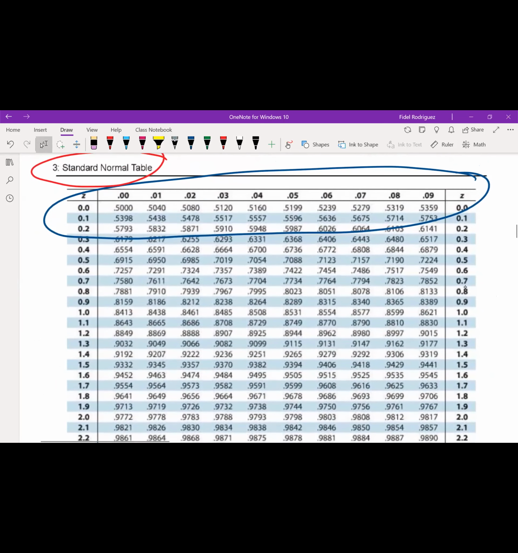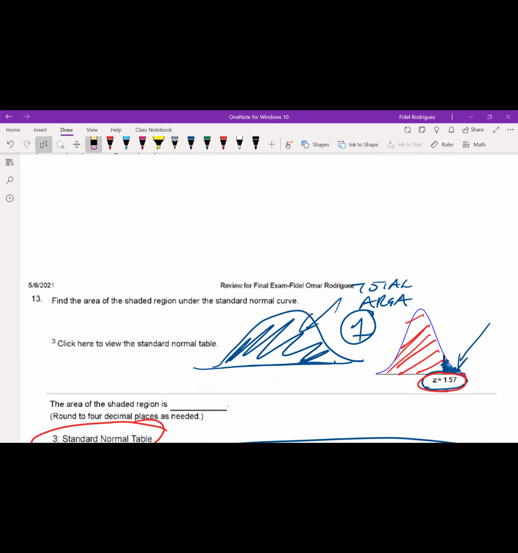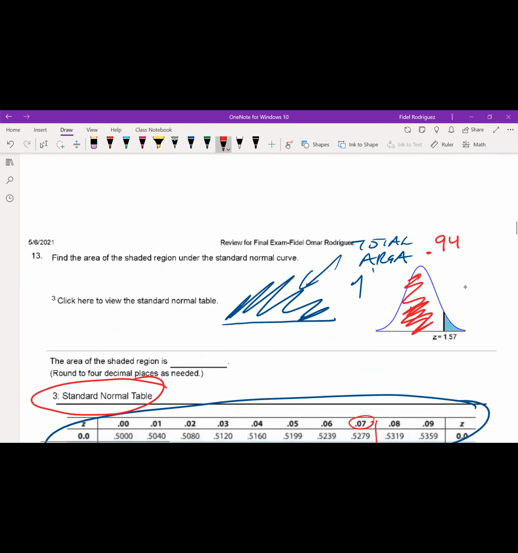Here's 1.5, here's 0.07. So 1.57 would be this number right here, 0.9418. So that would tell me that this area here in the red is 0.9418.